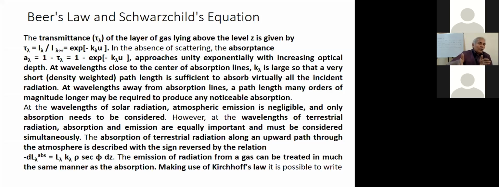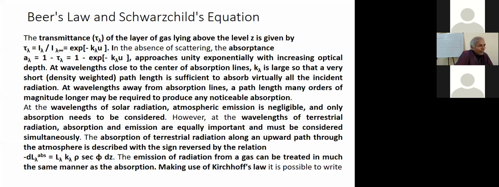So if I move away to the wings, the absorption coefficient becomes less, and obviously it needs a much larger mass weighted path length u in order to have the same impact of absorption.